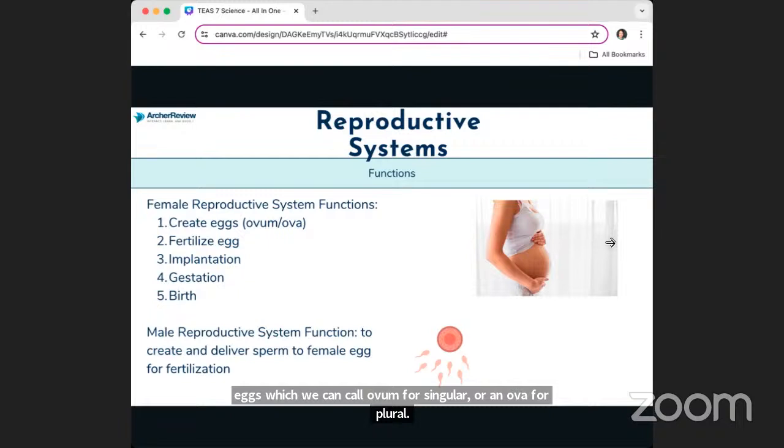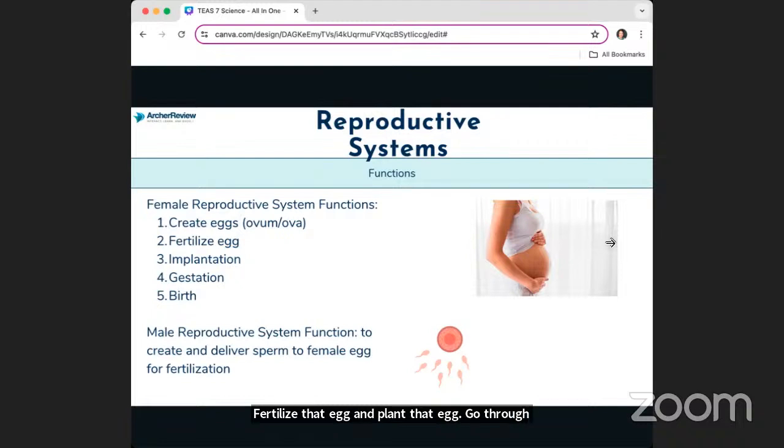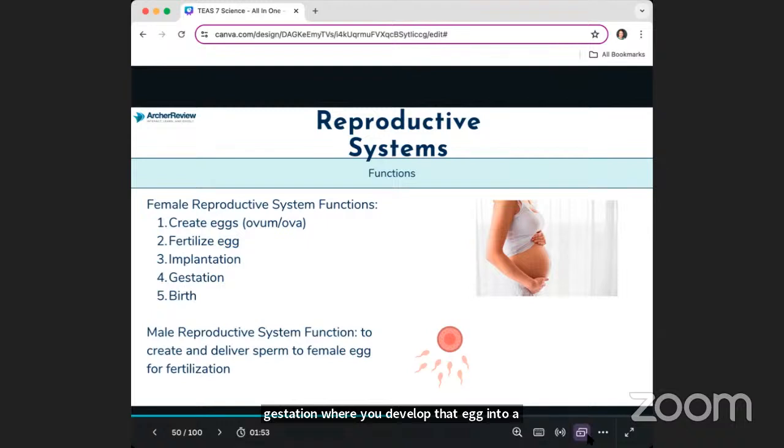Fertilize that egg, implant that egg, go through gestation where you develop that egg into a fetus, and then finally birth a child. So a female reproductive system has 5 major components to it. Compared to the male reproductive system function, your job is to create and deliver sperm to the female egg for fertilization.